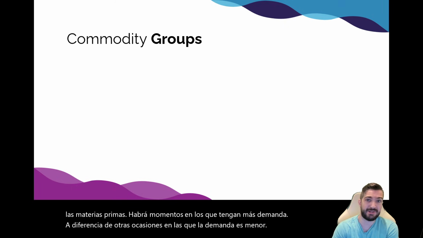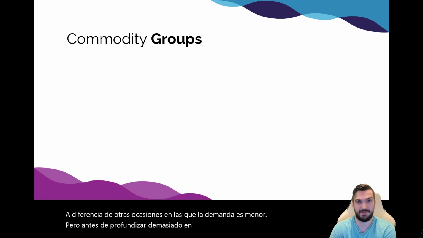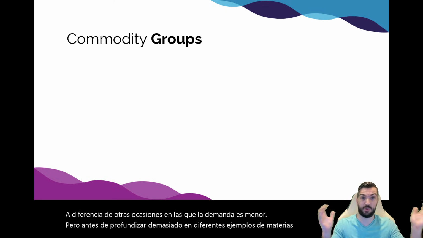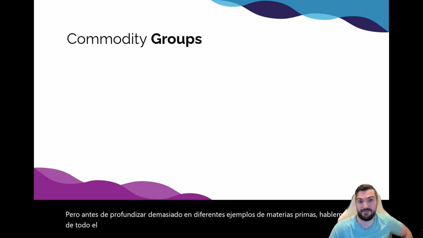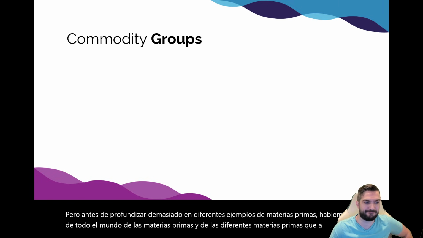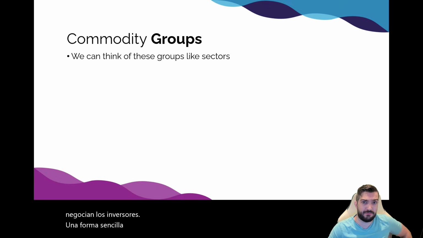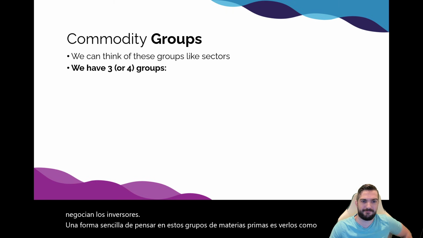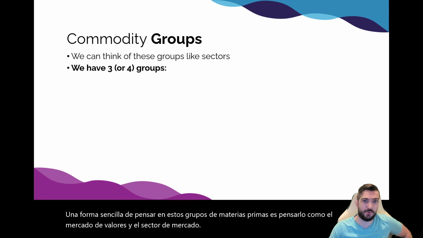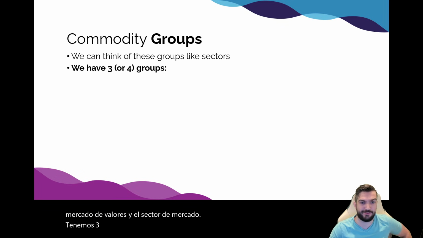But before we dive too far into different examples of commodities, let's talk about the entire world of commodities and the different commodities that are often traded by investors. An easy way to think about these commodities groups is to think about it like the stock market and market sectors. We have 3 or 4 groups / sectors, depending on how you want to look at it.